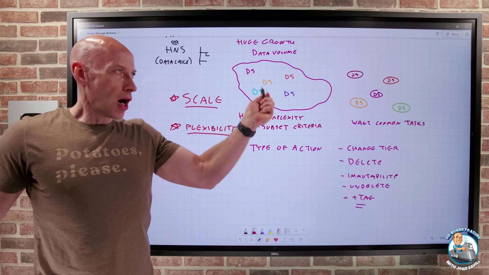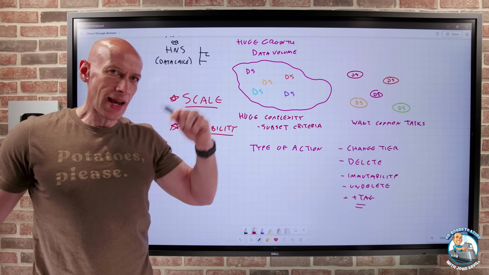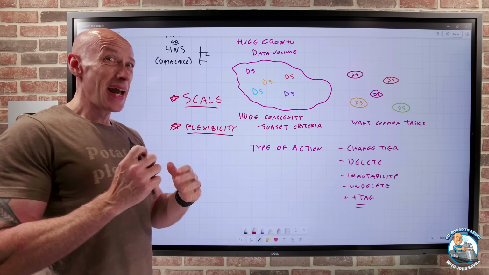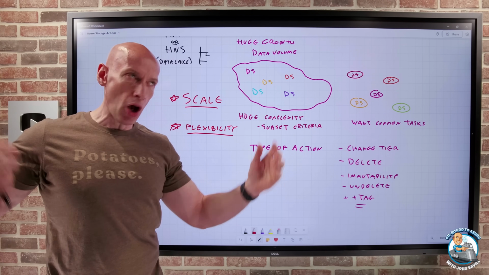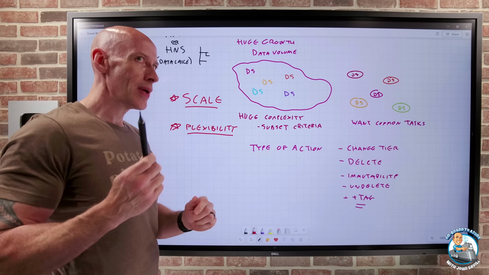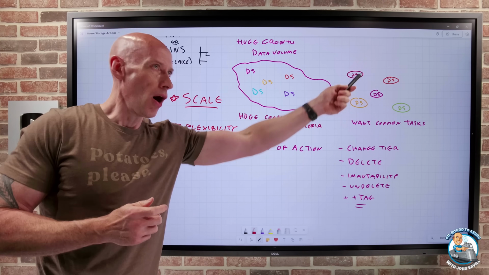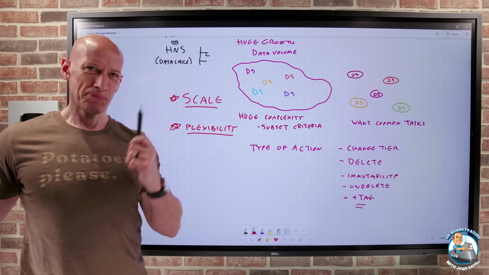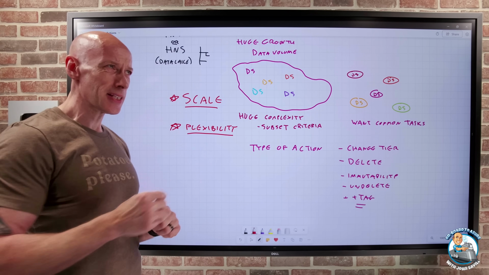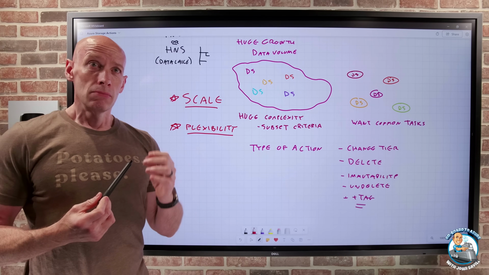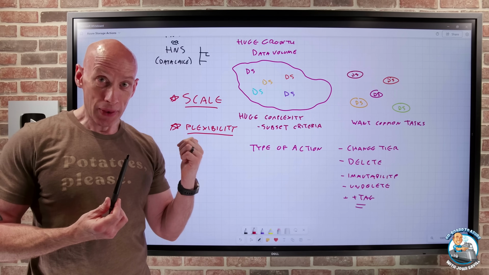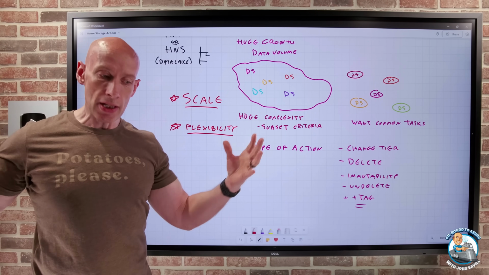These are the things that I need to solve to make this efficient in my environment. I need to be able to target a subset when I have lots of different data sets in one place. I need to be able to handle maybe hundreds of billions of blobs. And I need to be able to do it in such a way that, hey, if there are these little silos, I can still centrally define my rules. And if I think about those challenges, realize the Azure Storage team have had to solve for that because obviously they create these services.